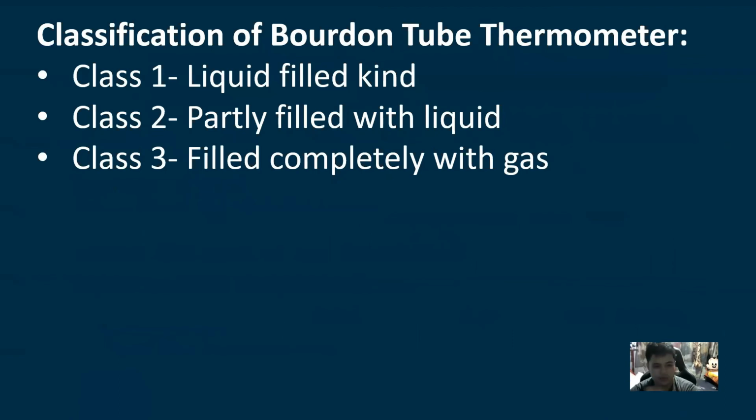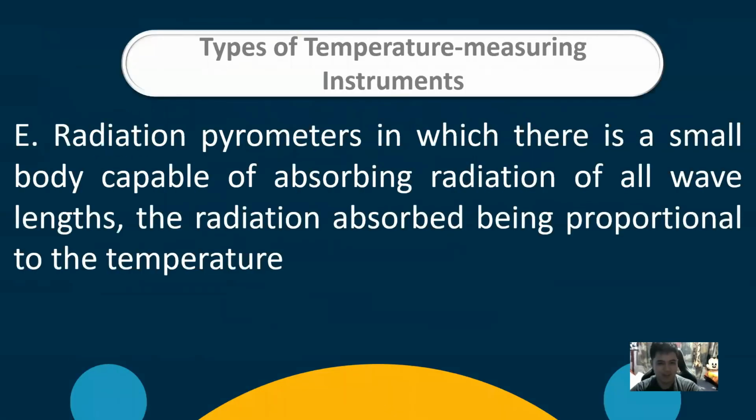So yan, next one. Meron din siyang mga classification. Class 1, liquid filled tank. So alam na basic na liquid. Class 2, partly filled with liquid. Class 3, filled completely with gas. So parang liquid, semi-liquid, tsaka gas. Yun yung tatlong classification niya.